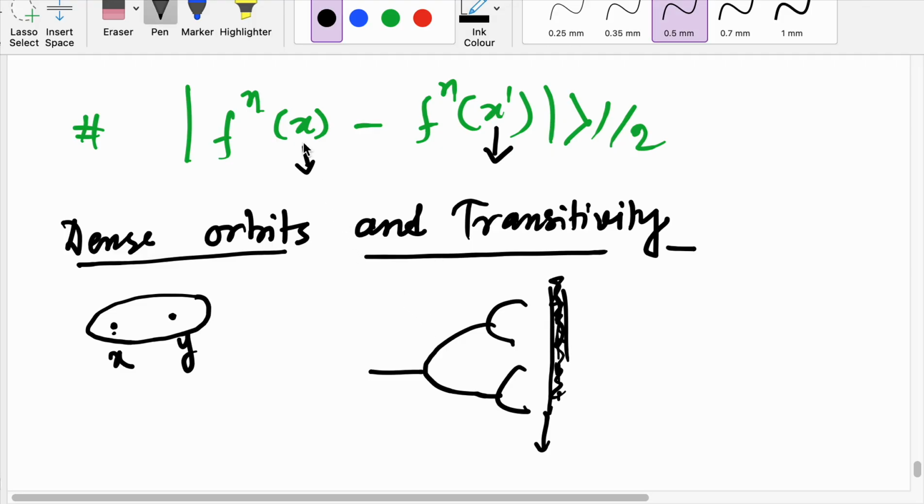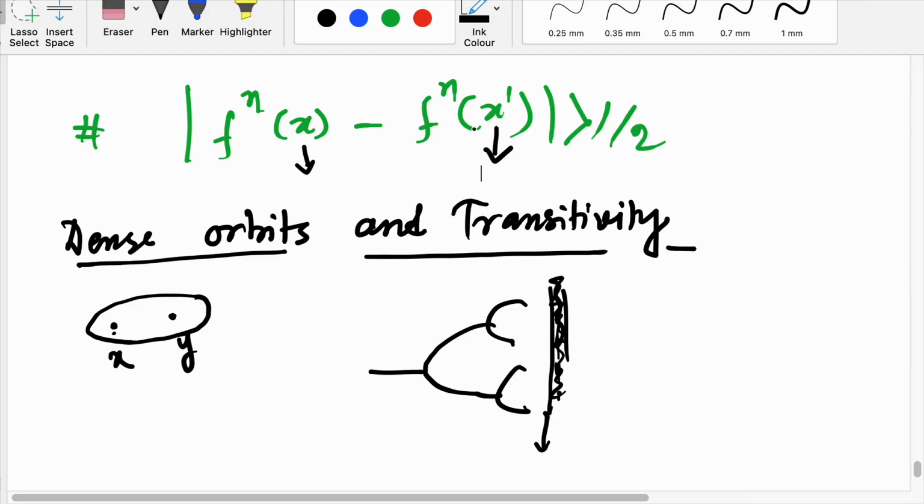If these 2 points are initially close and after iteration become far apart from each other. But is it true that chaos manifests itself only when we take two initially close points? No, it's not. The chaos itself is present in a single orbit.